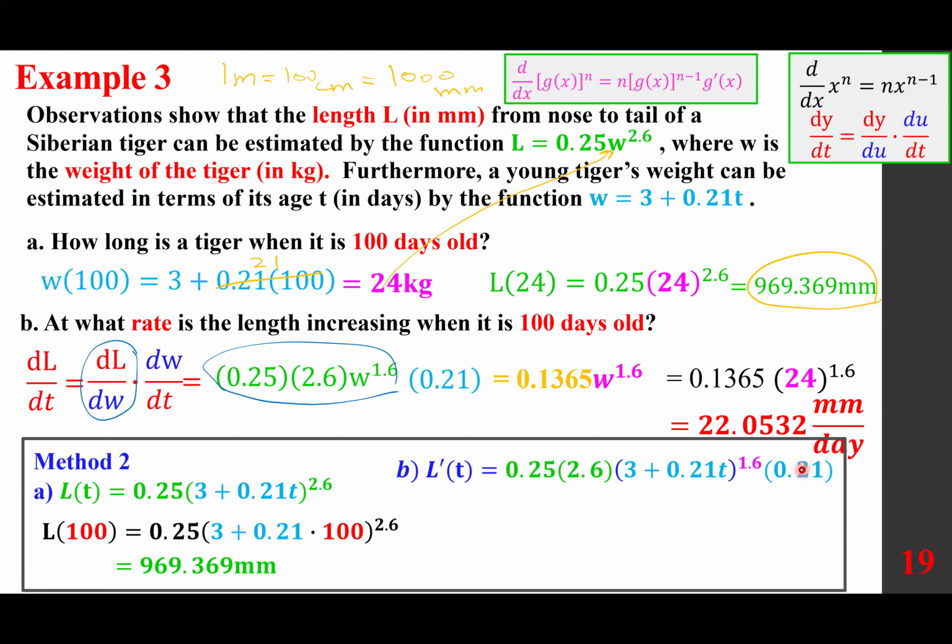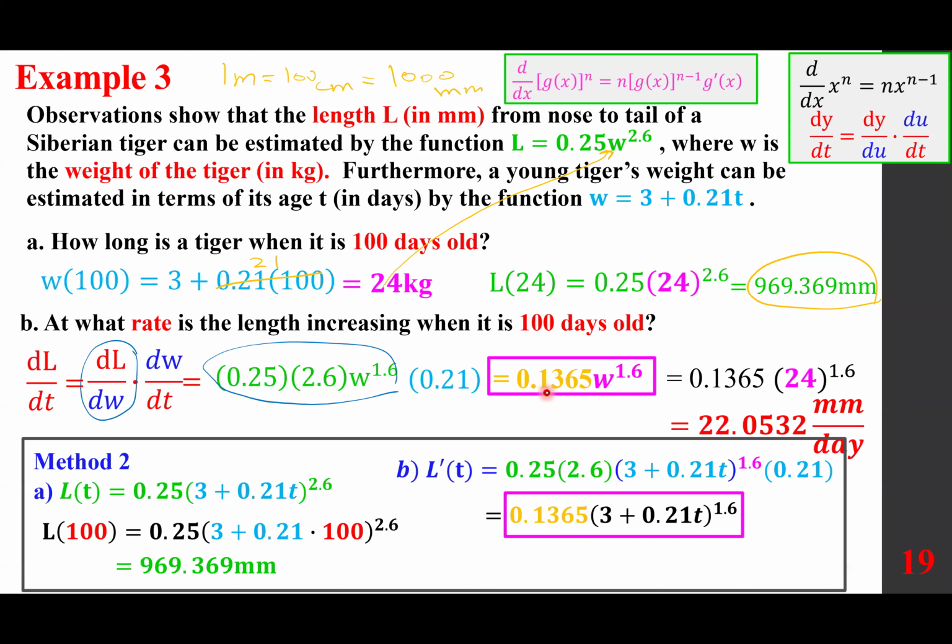Again, we multiply these three numbers and we get the same. And notice these two are identical if you replace the W with 3 plus 0.21t as it was mentioned before. And now replace the t with 100 and you must get the same answer as here.